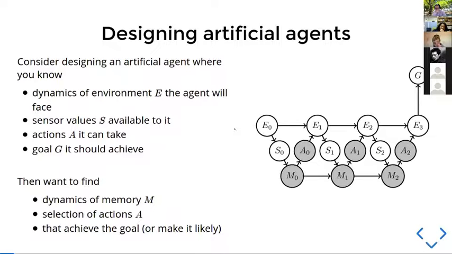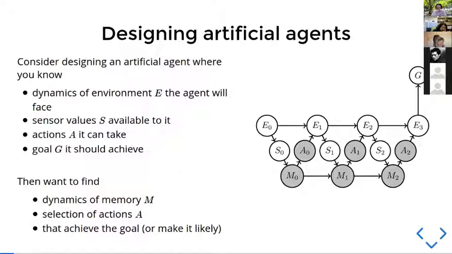Okay, so if we design an artificial agent, usually we know at least something about the dynamics of the environment. We know what kind of sensor values the agent will have available, what kind of actions it can take, and what goal it should achieve.